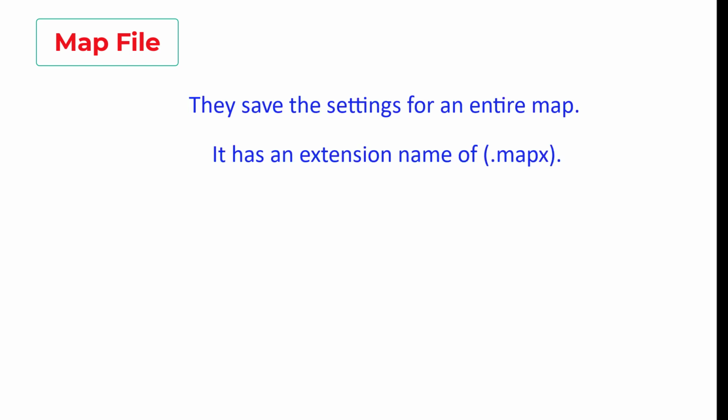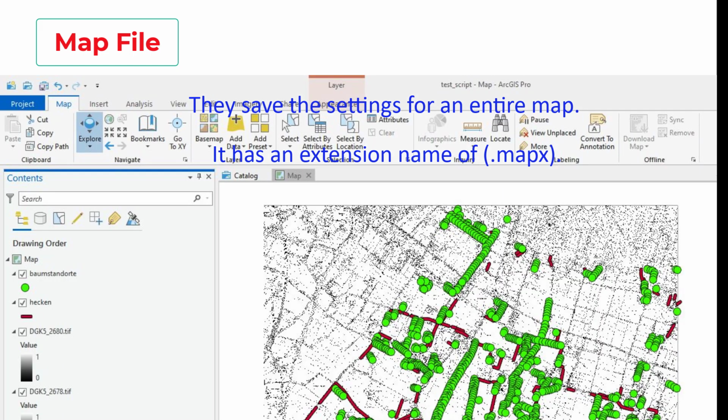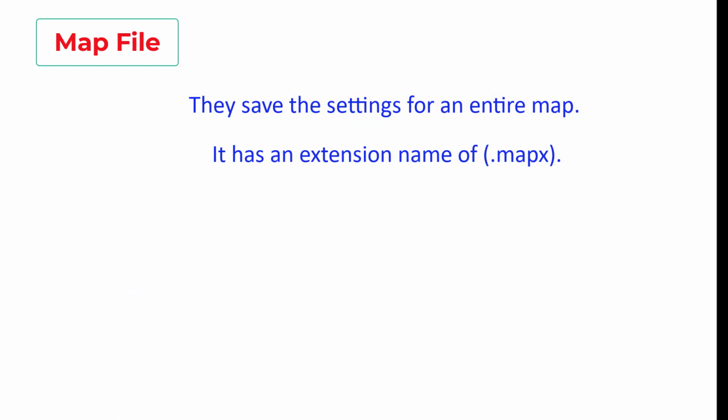Now, a map file. Map files are actually similar to a layer file, except that it is not just for one layer only. The settings include all the layers shown in the contents pane here. They save the settings for the whole map.